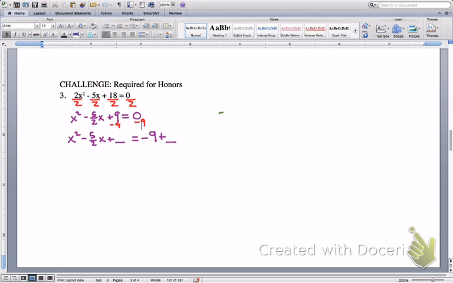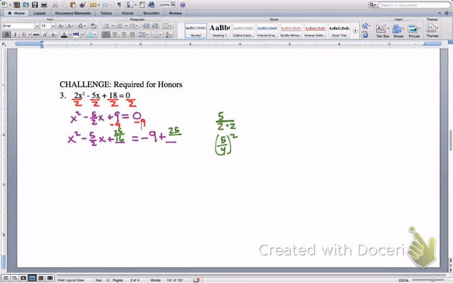Let's say we have 5 halves and we're dividing by 2. So we put a times here in the middle. So it's really 5 over 4, and then we're squaring that, which is going to be 25 over 4. That's the number that's going to complete the square here. I'm sorry, not 4. 16.